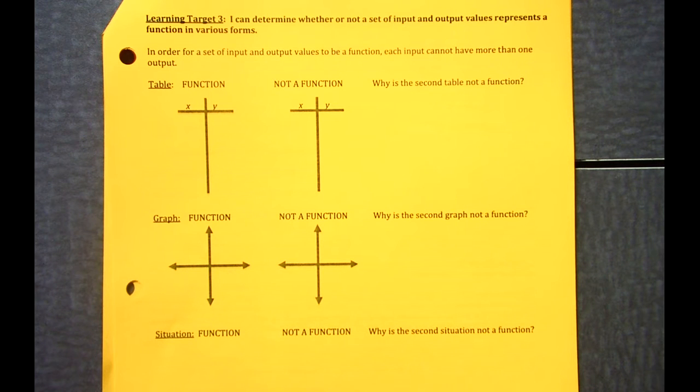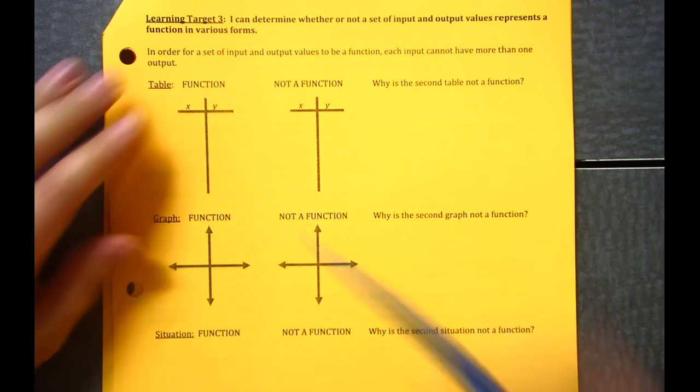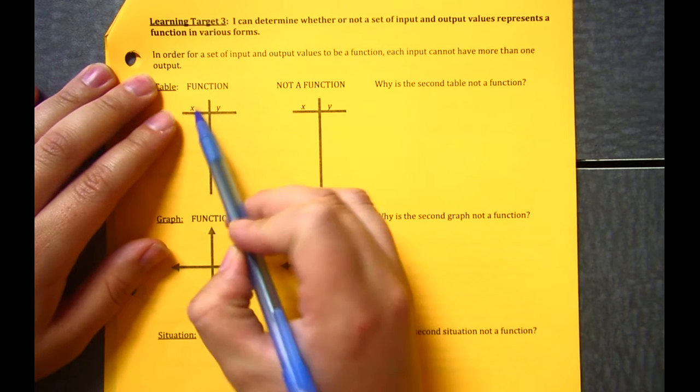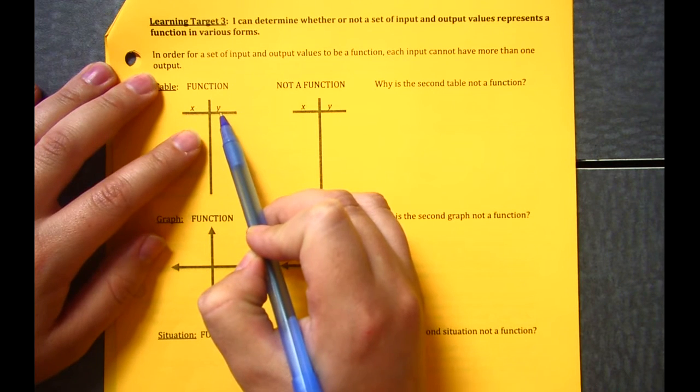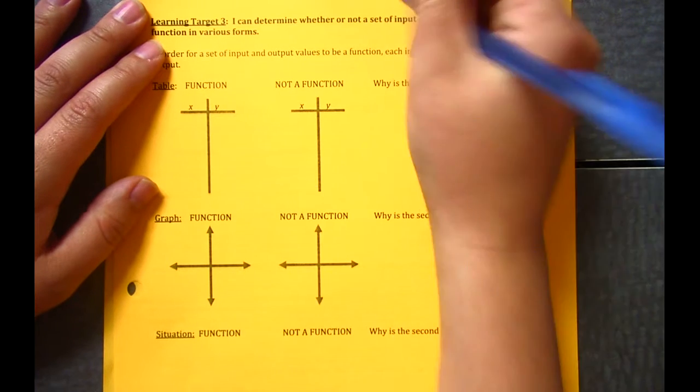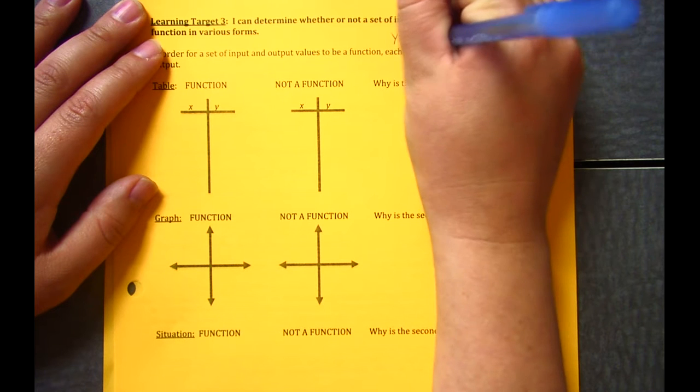In order for a set of input and output values to be a function, each input cannot have more than one output. So what does this look like? In a table, this x stands for the input and the y stands for the output. Think of it like in an equation.